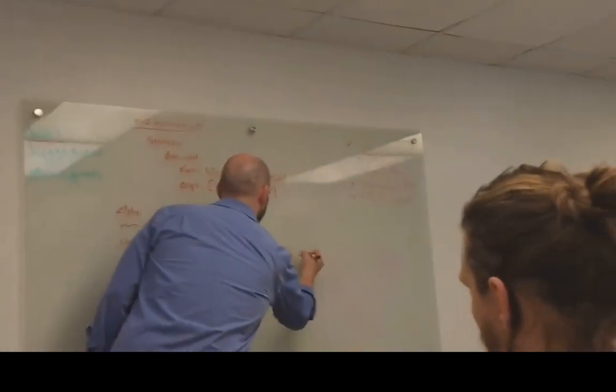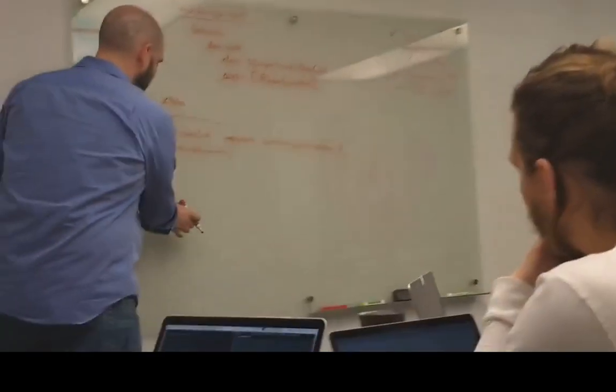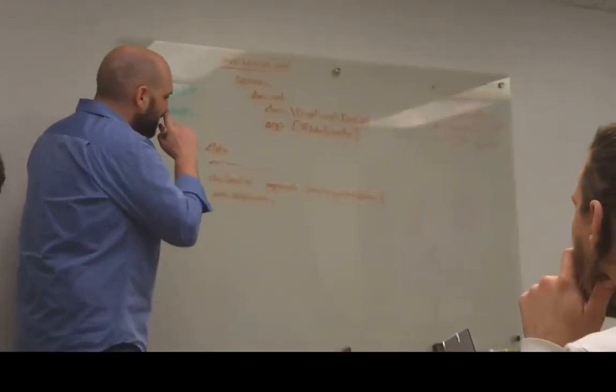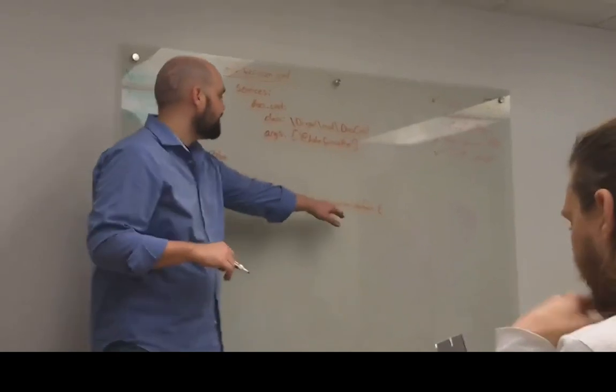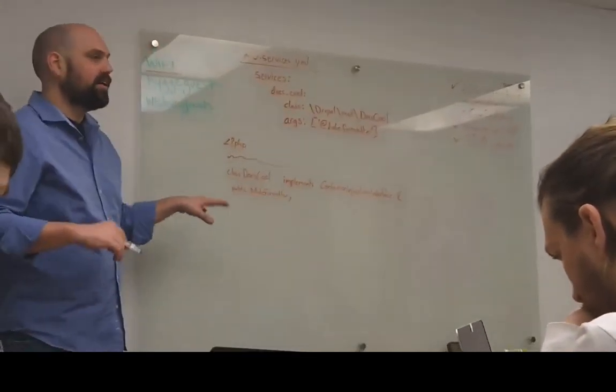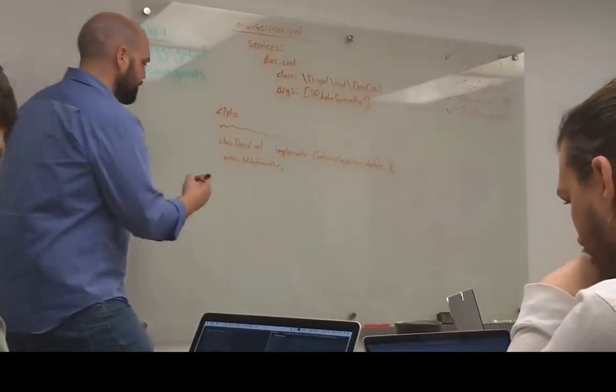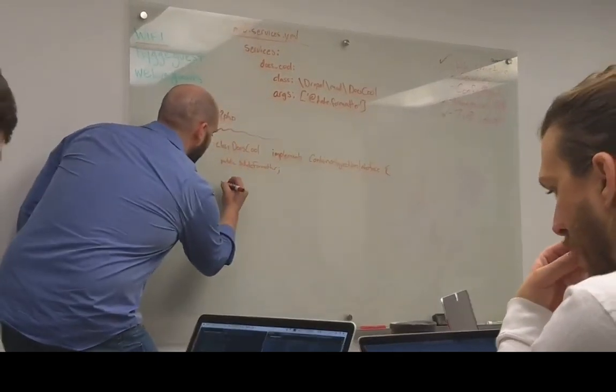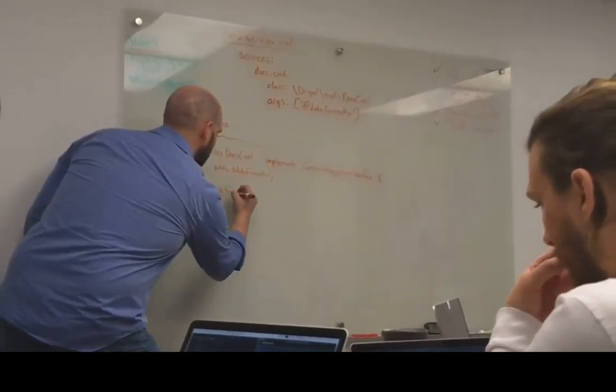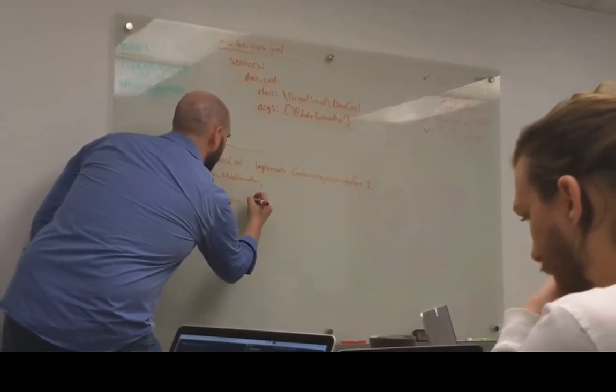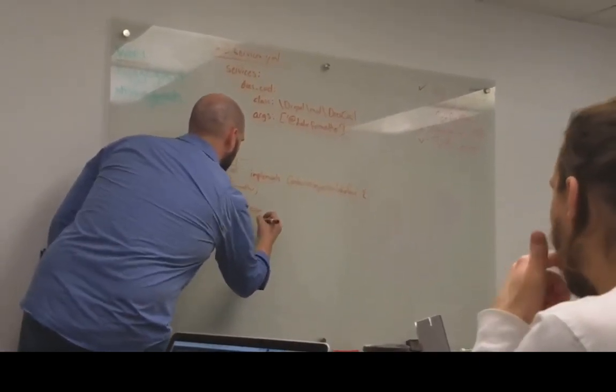Okay? And we might be getting a little deep here. But this interface says that I must define a method on my class called create. So I'm going to have a public function called create.